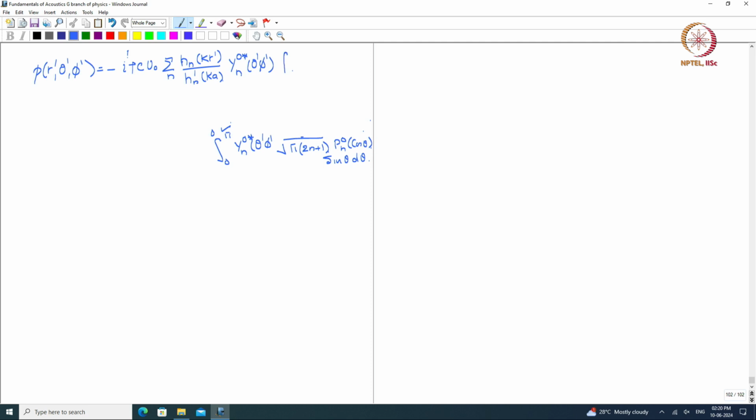I have an integral over 0 to pi. Okay. In fact, let me just put this constant also outside. This constant root over pi into 2n plus 1 also outside. Okay.